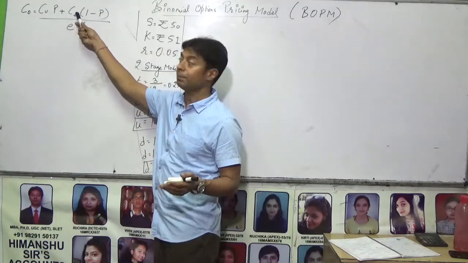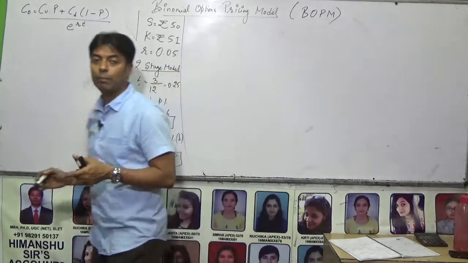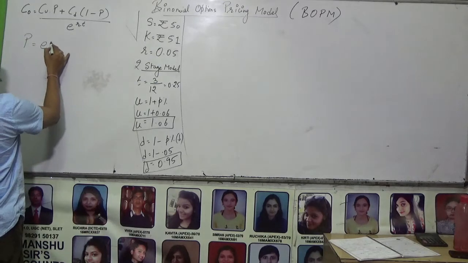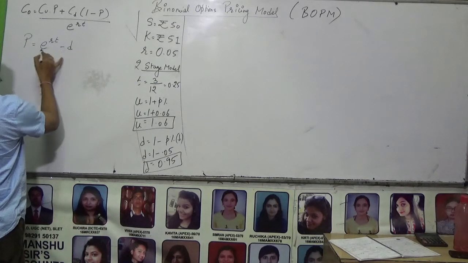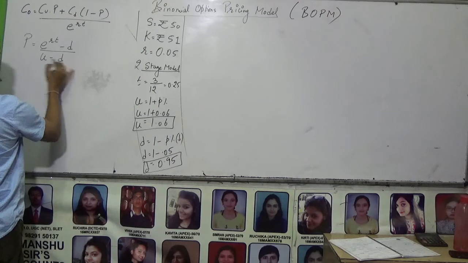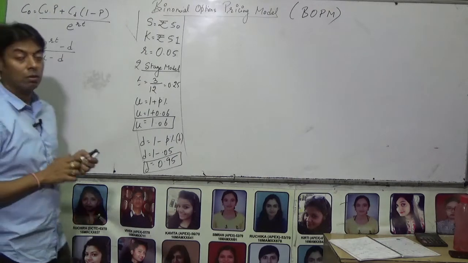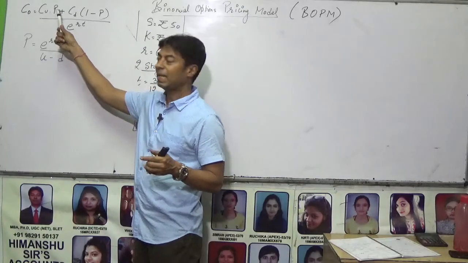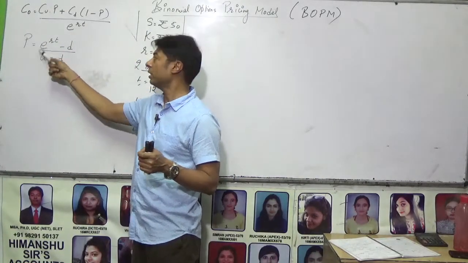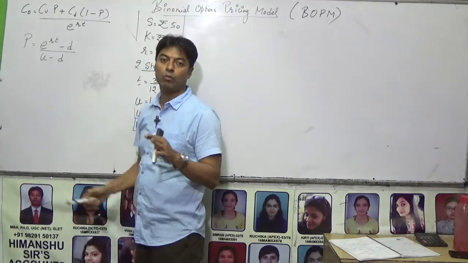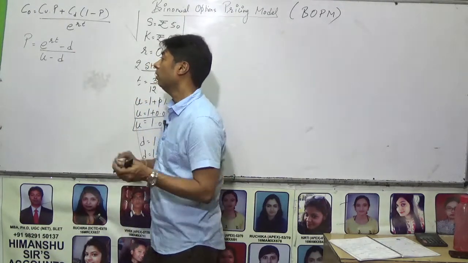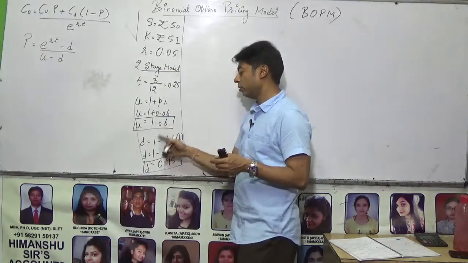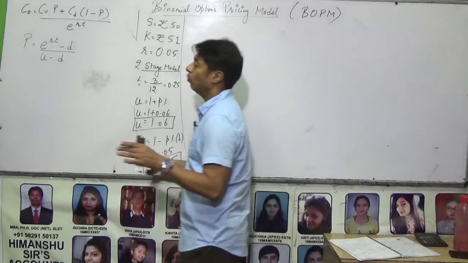That is CD. And P stands for probability that we are going to calculate with the help of this formula, which is e^RT minus D upon U minus D. So the value of probability, which is going to be used in this particular formula, is calculated by e^RT minus D, whole divided by U minus D. Now we know the value of U, we know the value of D. U is 1.06, D is 0.95. What do we need to calculate?